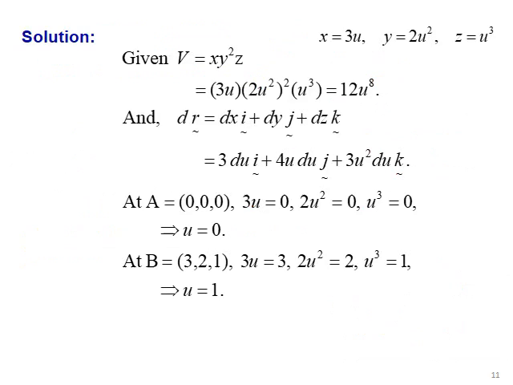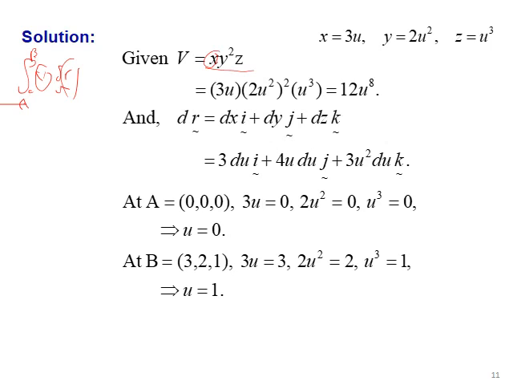Now, first of all, I will change everything in the formula. You have the formula, integral over C, as you can see here, V dr, right? So this V, this dr to be changed into a function of u. Even the points, from A to B, will be changed into u. How do we do this? This is V given to you.